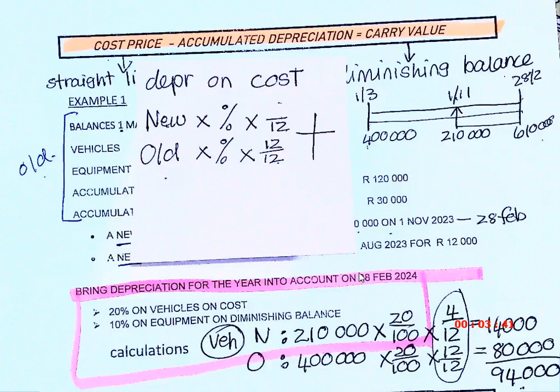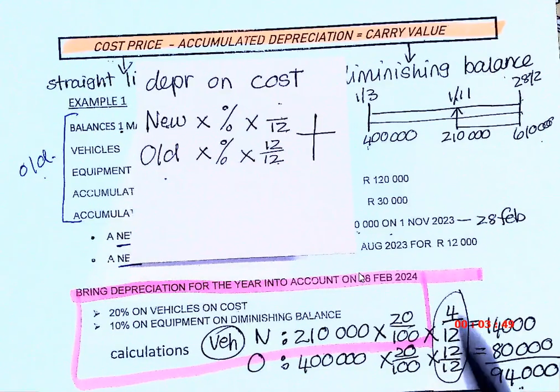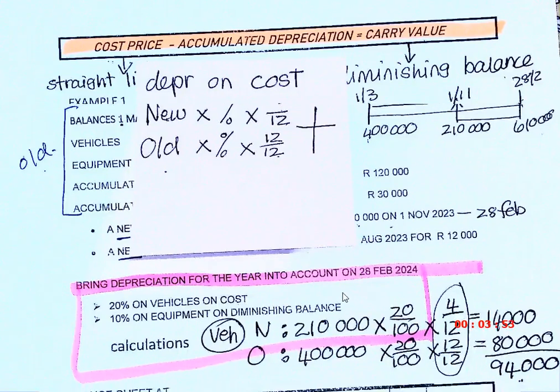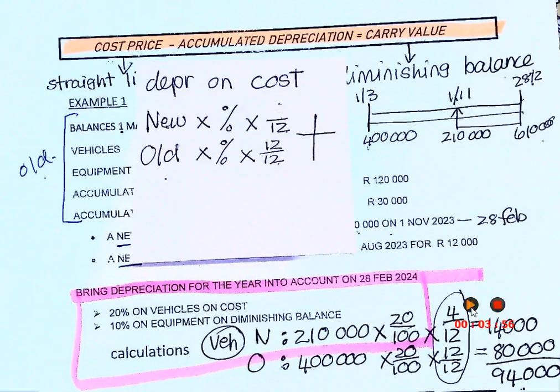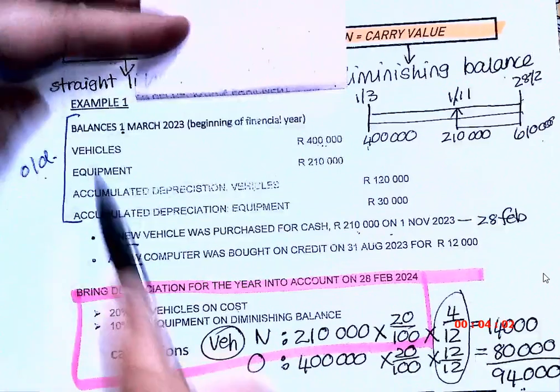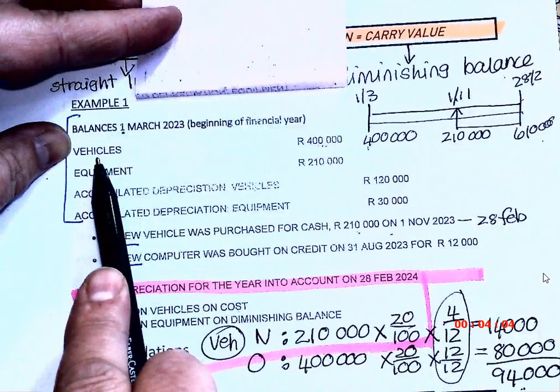It's that math principle of x plus y you can't do, but x plus x you can. Okay, so the months are different, that's why there are 2 calculations, giving me 94. Yeah, so for the old one it's always 12 over 12 because the old one is the one that I already had at the beginning of the year.